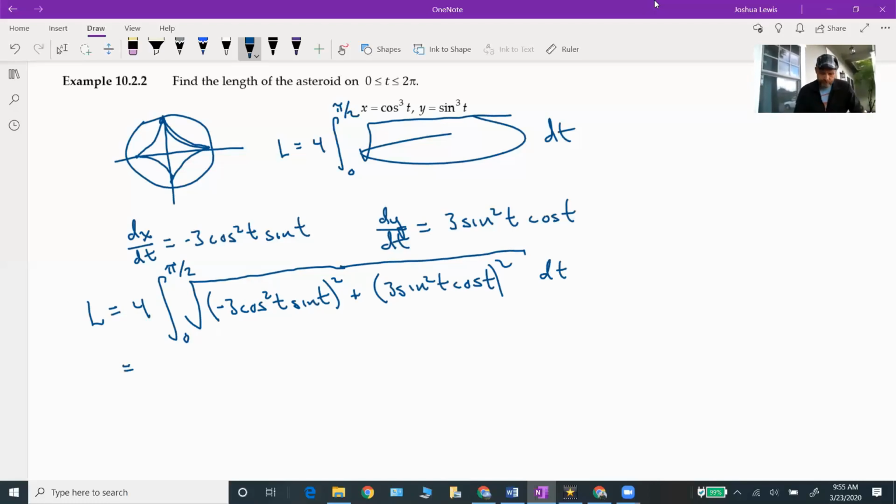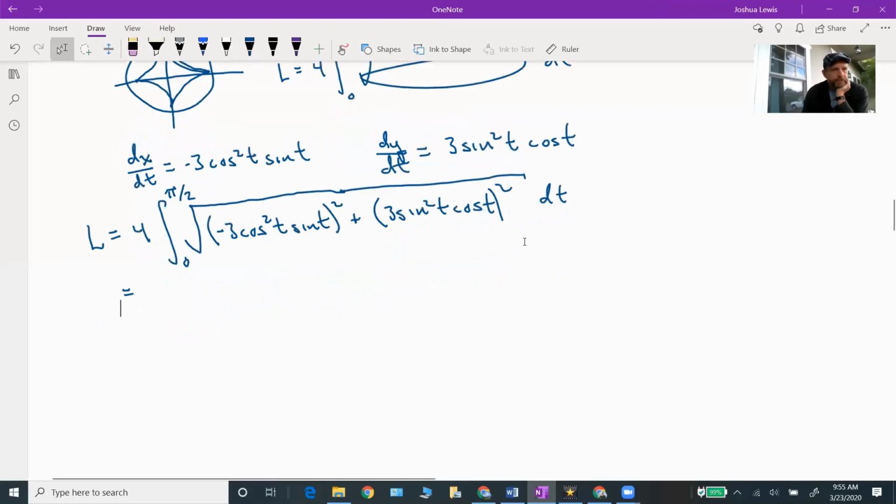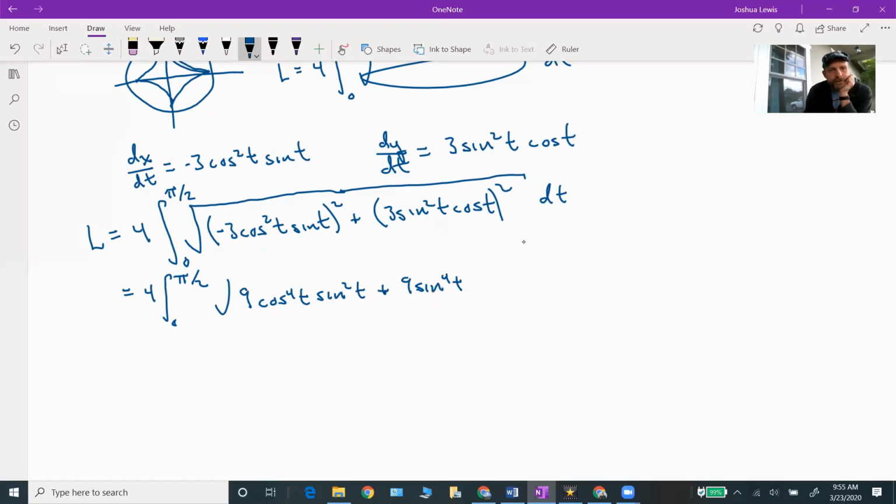So I've got a 4 integral 0 to pi halves. And then what do we get? We're going to get a 9 cosine 4th t sine squared t plus 9 sine to the 4th t cosine squared t, and dt.